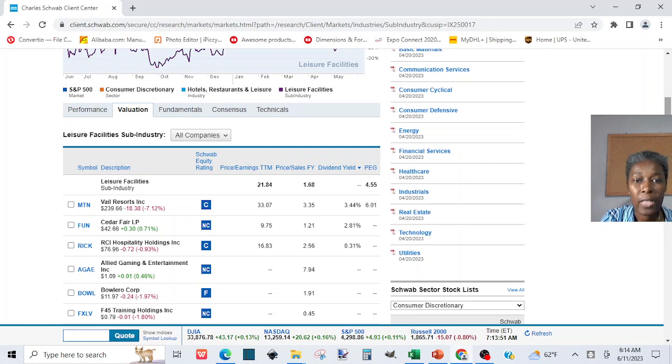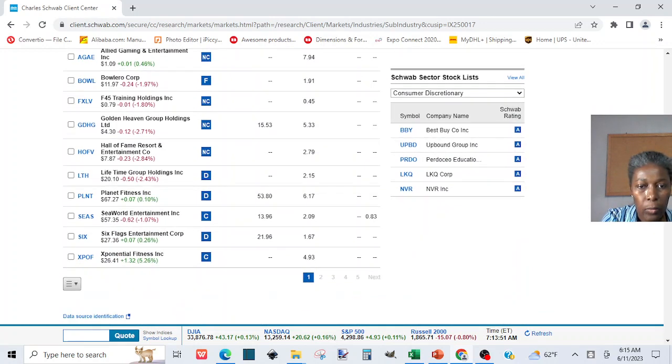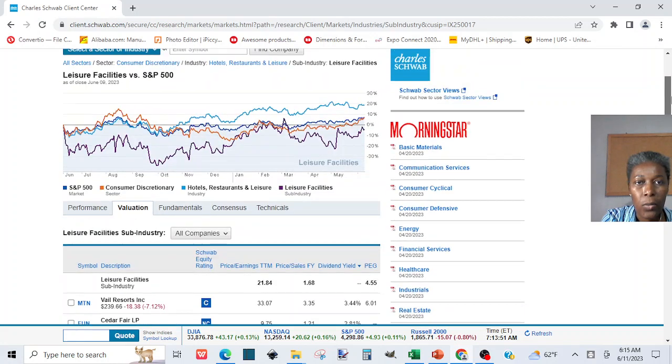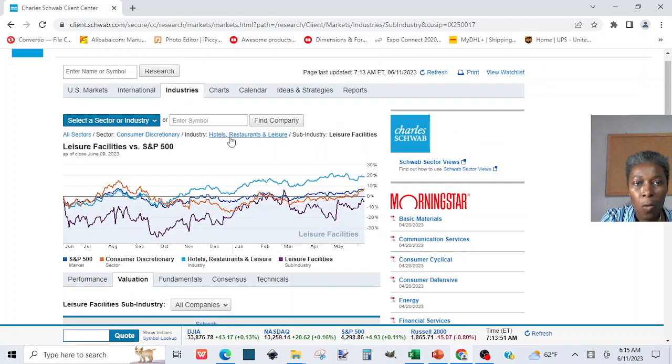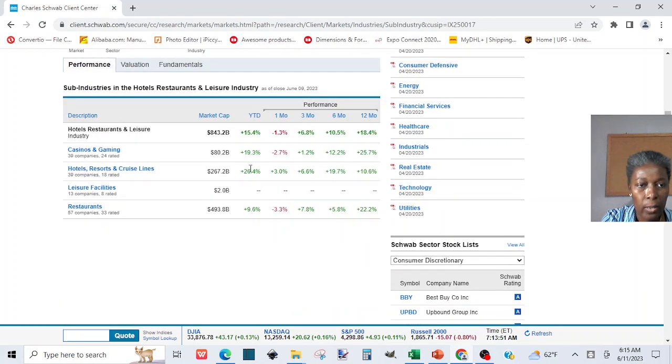Some industry categories you may not find a lot of high paying dividends. So we can scroll down, there is none. So we go back to the industries and we'll go through the last one, and it is restaurants. It has 57 companies.